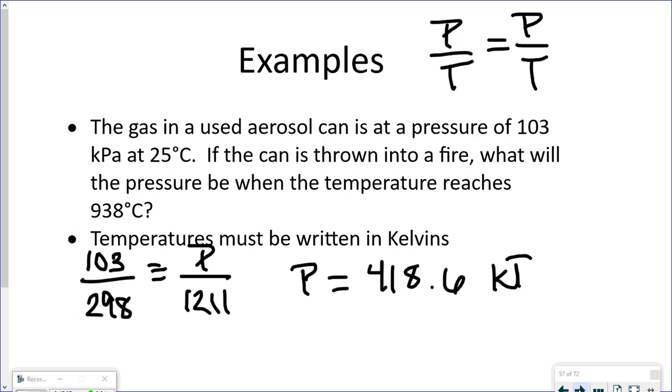In terms of sig figs, there are two possible answers. Normally, you want to base it off of what you wrote in your actual equation. So if you look at both 103 and 298, they both have 3 sig figs. So we can round our answer to 3 sig figs. So it would round to 419 kPa.